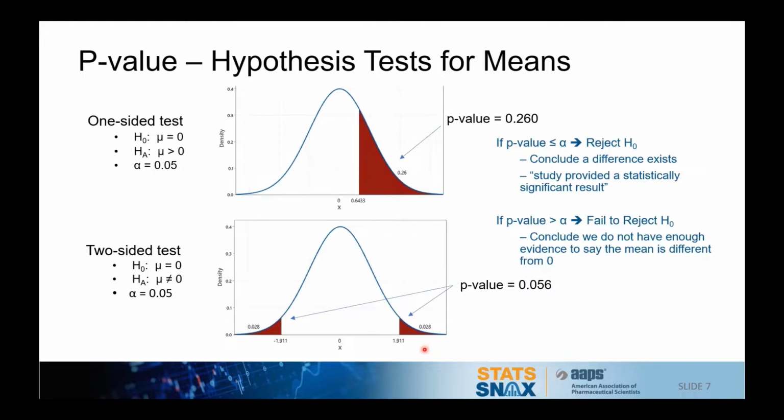In this example, we also fail to reject the null hypothesis because 0.056 is close to, but is still greater than 0.05. We don't conclude that the mean is equal to 0, but rather we conclude that we don't have enough evidence to indicate that the mean is different than 0. So in both of these examples, we fail to reject the null hypothesis.